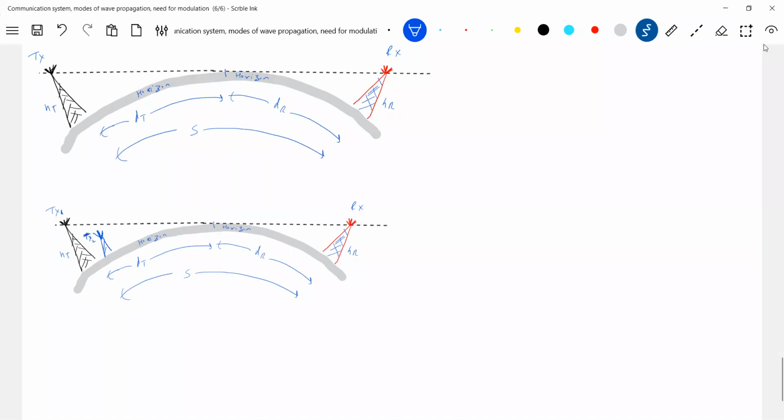Is there any communication between TX1 and RX? It's there. Is there communication between TX1 and TX2? There's no communication. So what is the range of this? The range of this will come only till here. I'll remove this, it may not be needed now. What is the range of this? It will come till here. Till P1, the signals will reach.